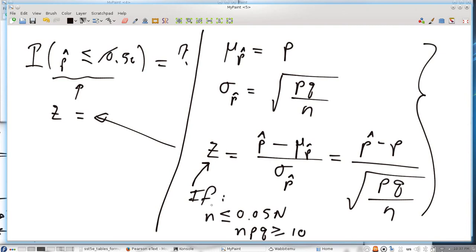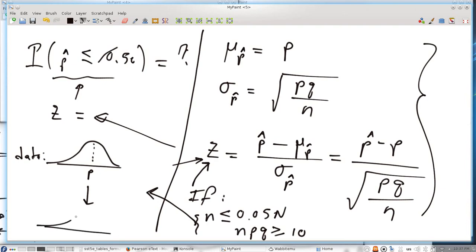One of these test conditions must be used so that your data has a normal distribution. If it possesses a normal distribution, then we can use the z equation here to convert it from the general distribution to the standard normal distribution.